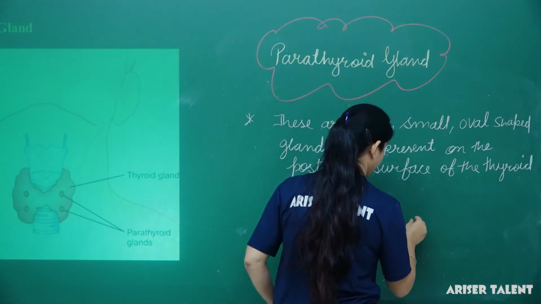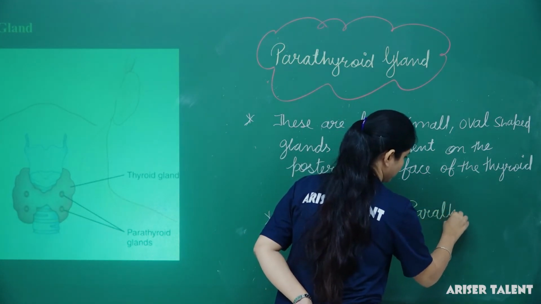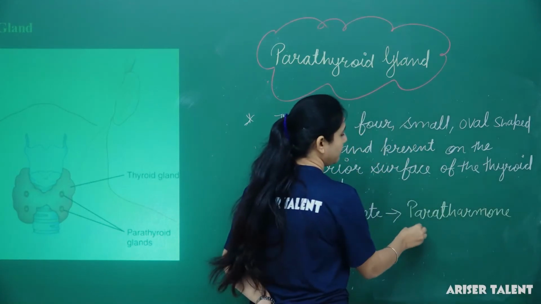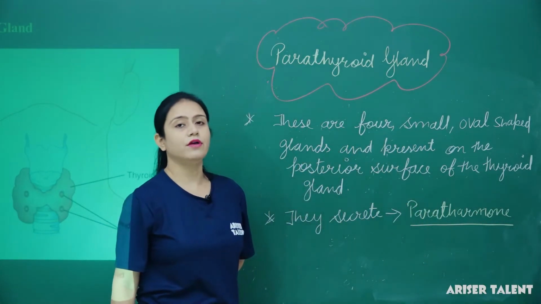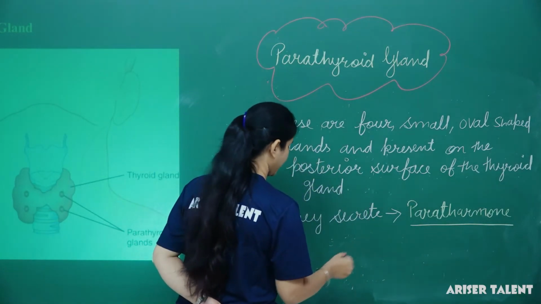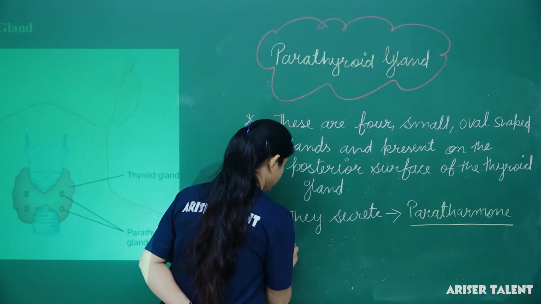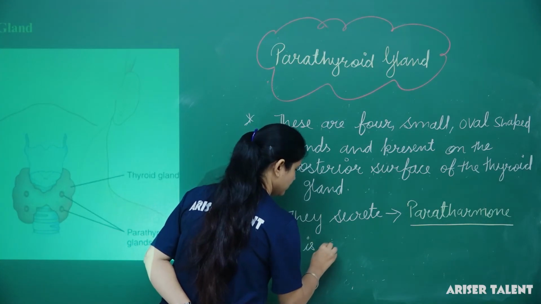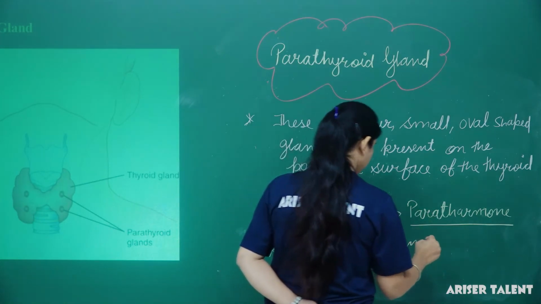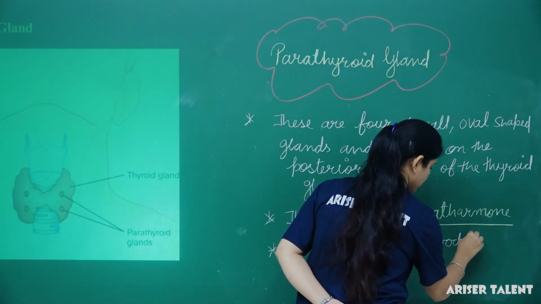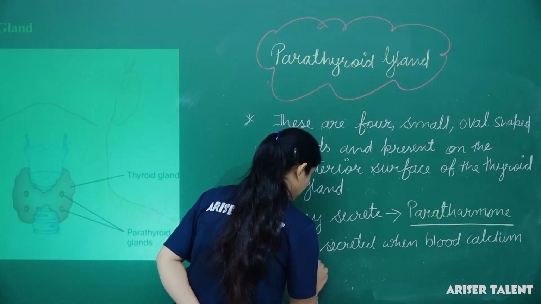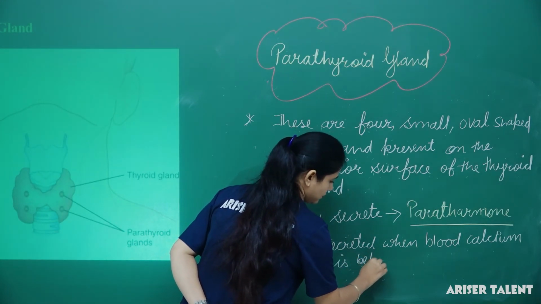They secrete parathormone, and generally it is secreted when the calcium level in the blood is low, when the blood calcium level is below normal.